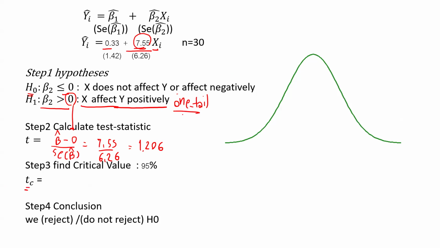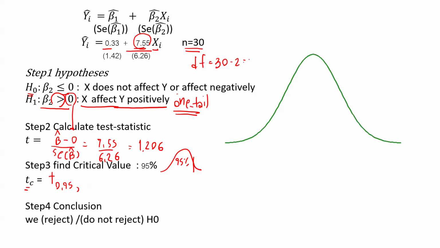Okay, so one tail means greater, this means on the right, and this is 95%. So t 0.95, n minus 2, n is 30, so 28.